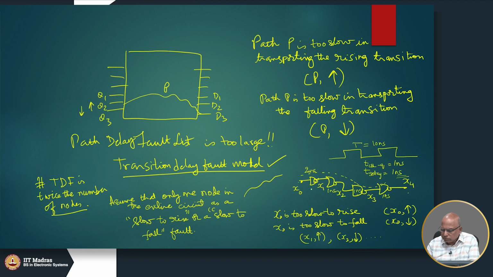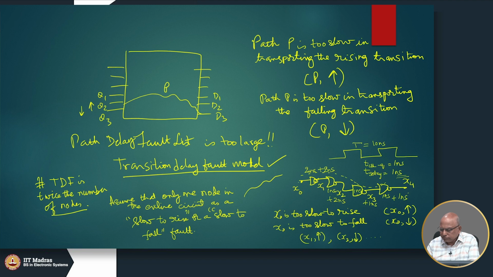That is very unlikely. On the other hand, it is very likely that this node has 2 nanosecond additional delay, this may have another 2 nanosecond additional, this may have 1 nanosecond additional and this may have 1 nanosecond additional. So, all together they will cause the circuit to fail.